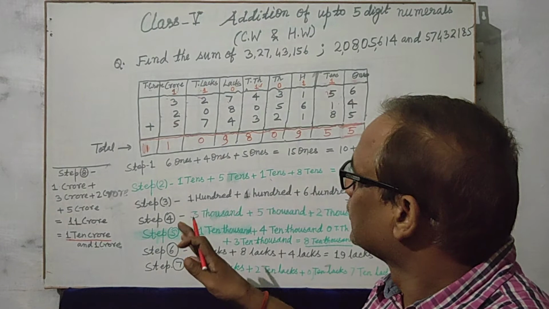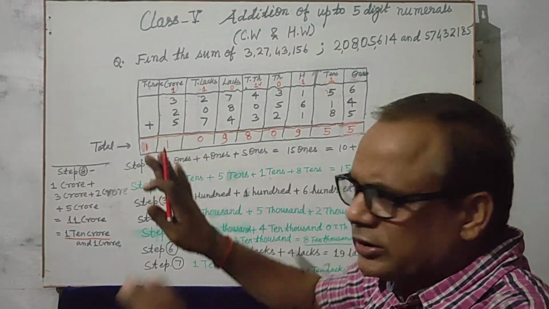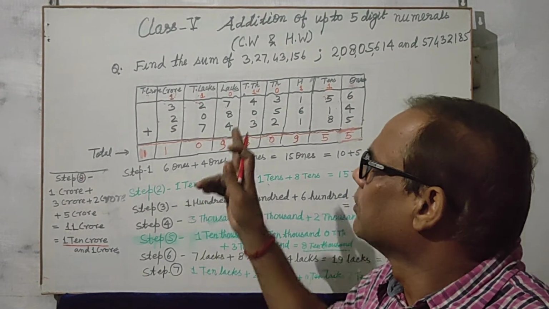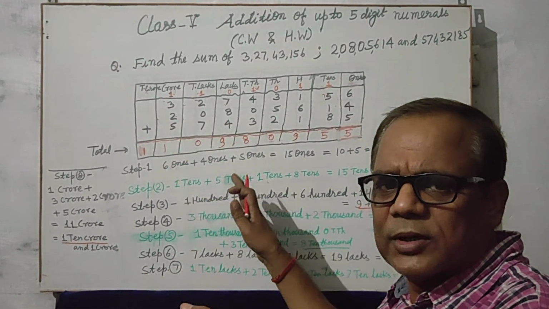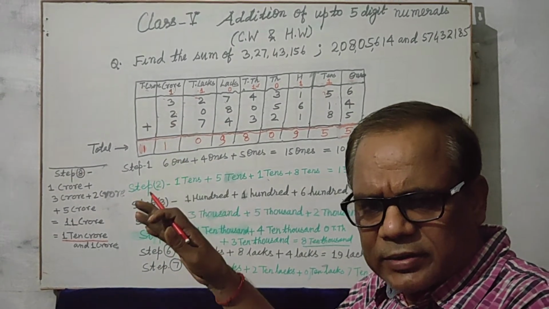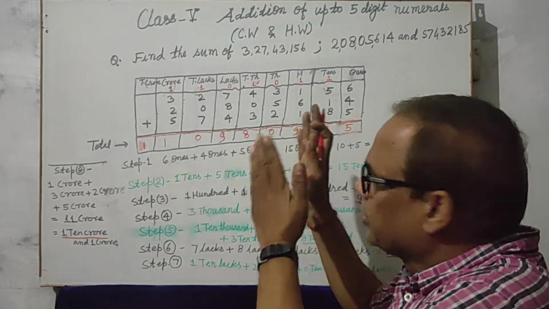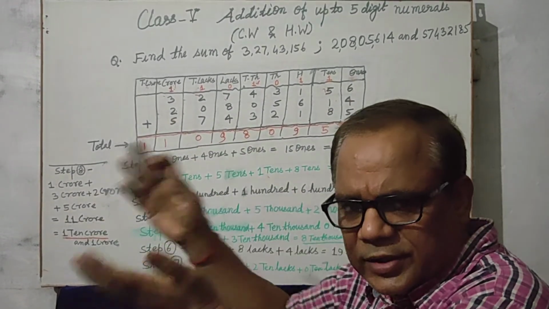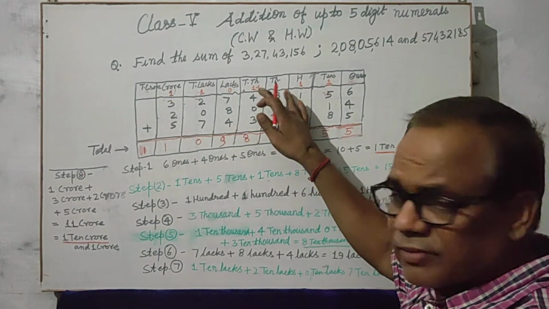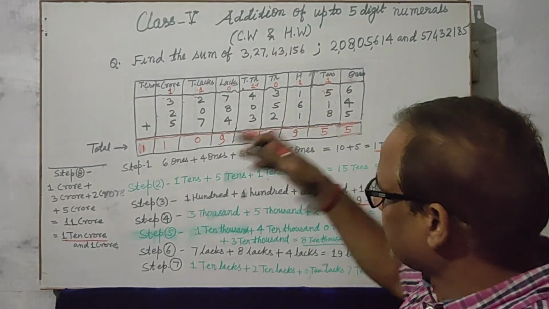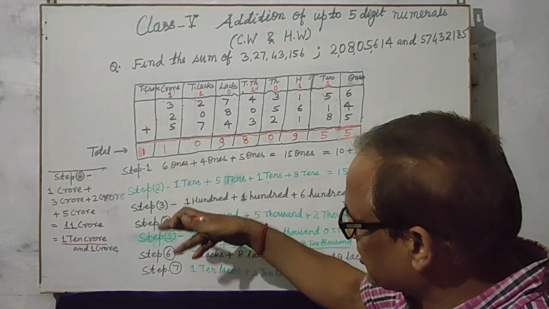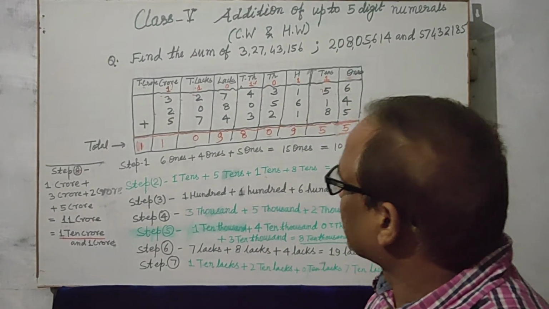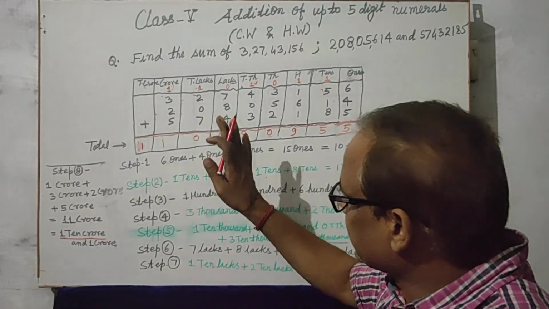There is no problem with respect to the place value of these numerals. Make a chart and put the ones from left to right in the columns of place value, and simply step by step you can add them, and at last you will get the result.